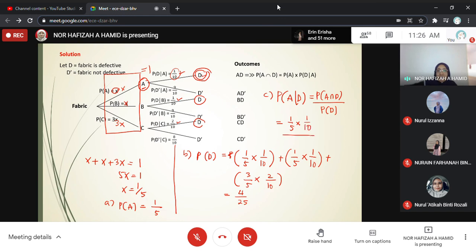Okay, over the probability of D. The probability of D comes from part B, which is 4/25. Okay, so the answer is equal to 1/8. Okay, so this is for example 20.